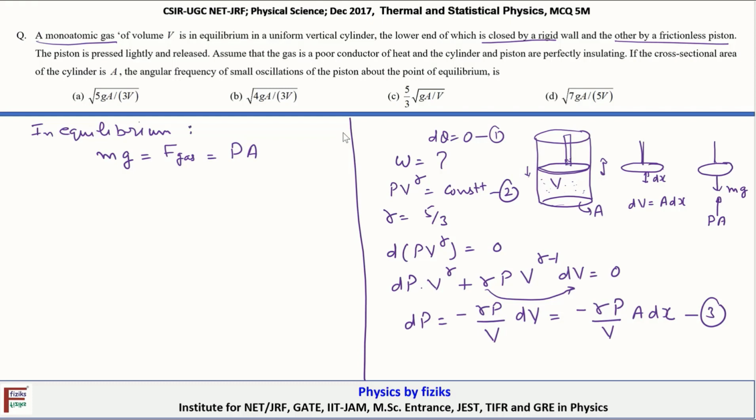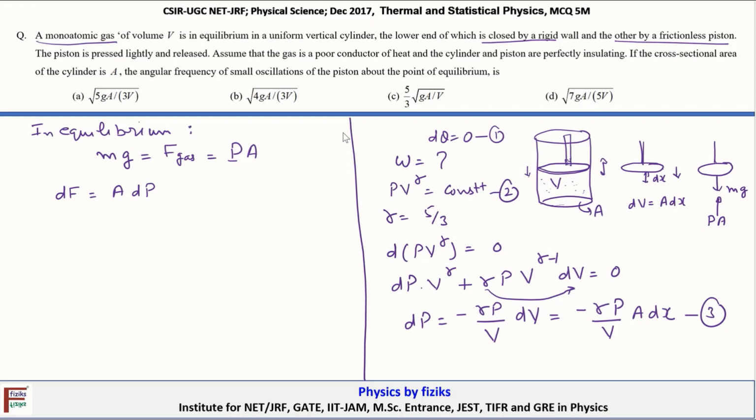If we want to change the position of the piston by a slight amount dx, as I said here, to push the piston in the downward direction, the additional force that must be applied is given by dF, equal to A times dp, the excess pressure in excess of p. Okay, only then will we be able to press the piston in the downward direction, and once it is released, it will execute the oscillation.